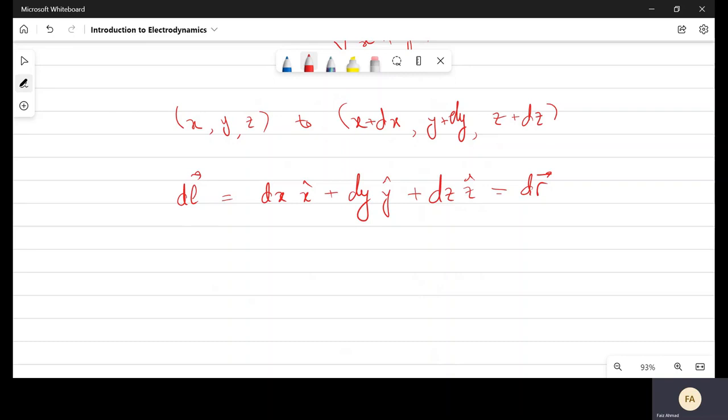We have a position vector, and a displacement vector if we need an infinitesimal displacement or increment in that vector.